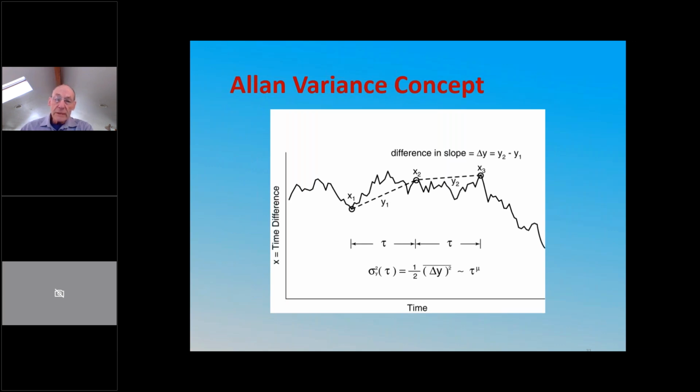The reason we need different kinds of variance than the traditional statistical variance or standard deviation is that if you're looking at data whose noise type is not white, the standard deviation is really just a function of how long you measure.